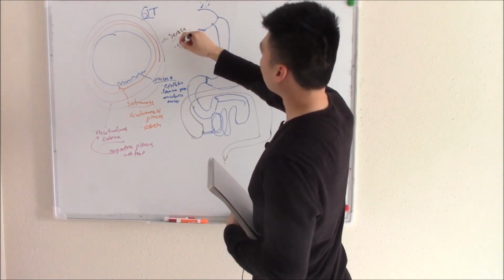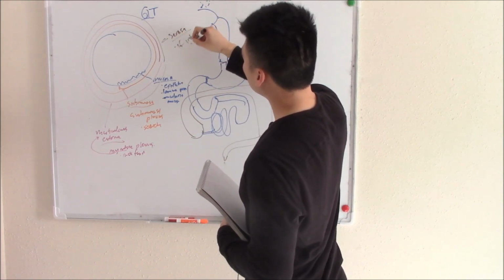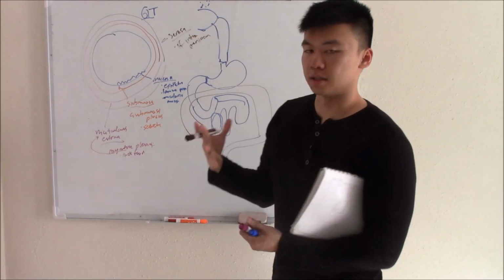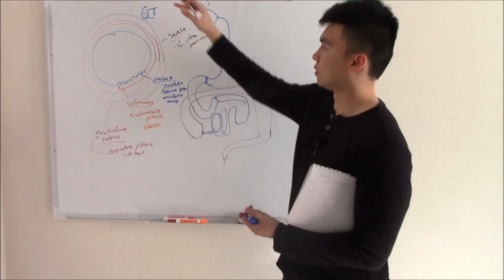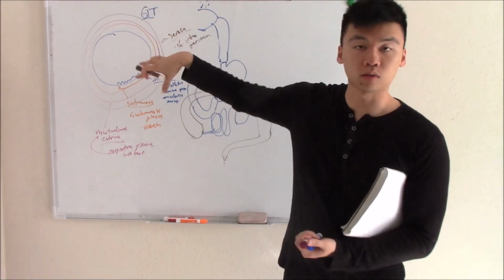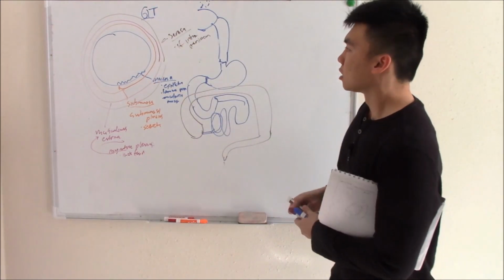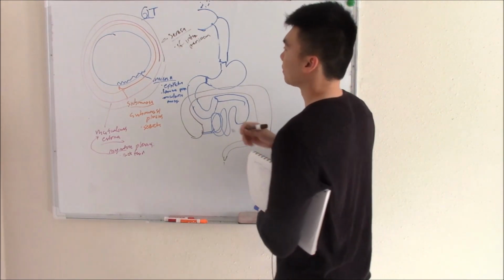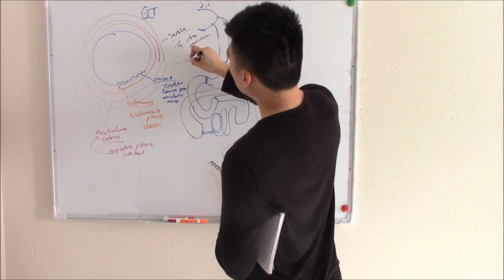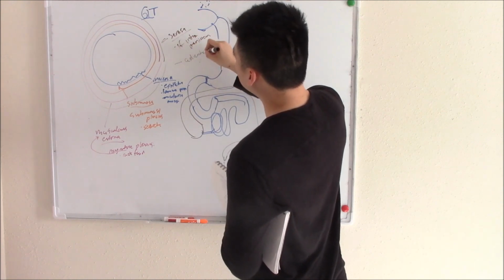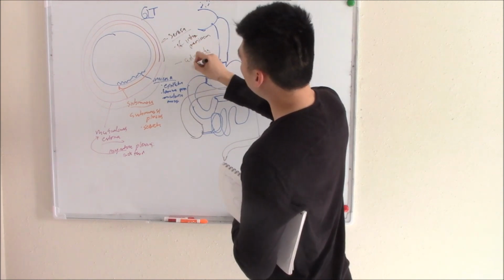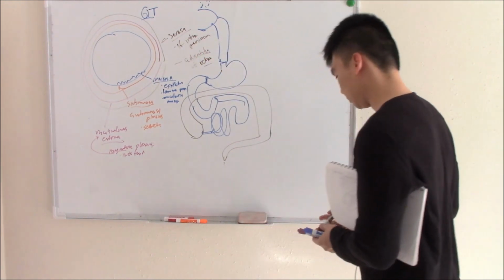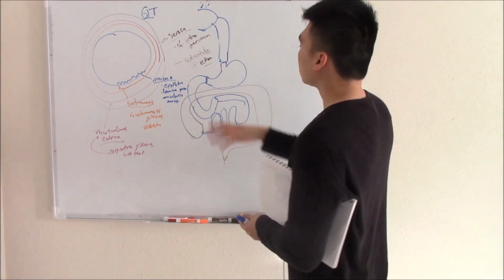If it's not in the peritoneum, then the peritoneum won't be able to form the serous membrane, so we can't call it serosa. If it's retroperitoneal, if it's behind the peritoneum, then we call the outside layer adventitia. Those are the layers of your gut.